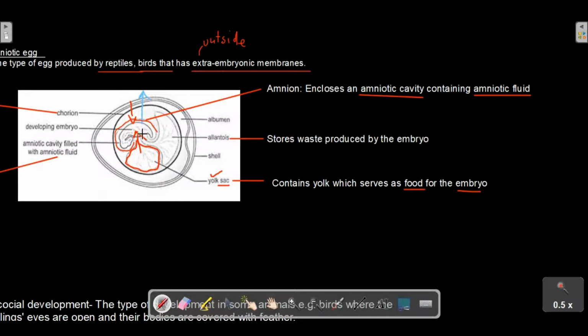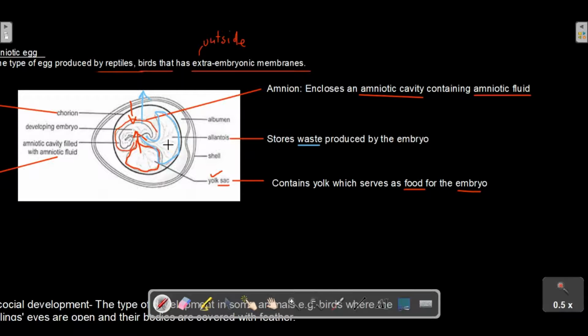And lastly, we have another bag-like structure that we call the allantois. You can call it allantois or whatsoever. Again, the pronunciation doesn't matter. I will just call it the allantois. So what the allantois does is that it stores waste. Remember, the embryo is consuming food, and so it will need to produce waste, and this waste goes into the allantois.